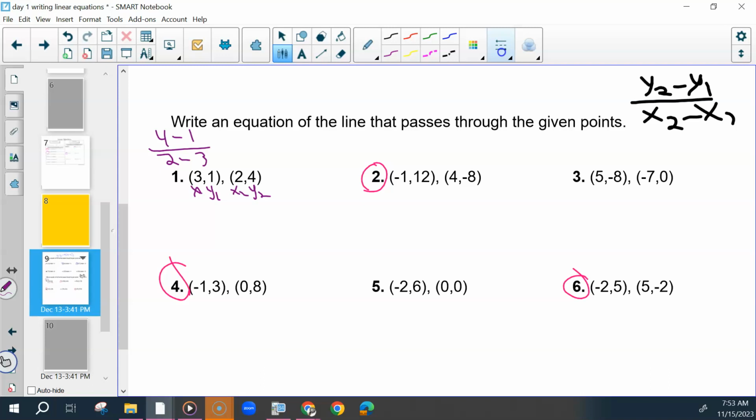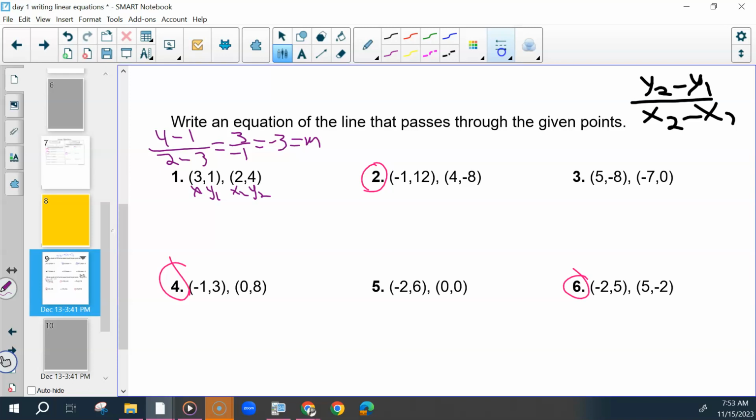Simplify, subtract that. What would your slope be? 3 over -1, which will simplify to be... I mean -3. So we have our m.